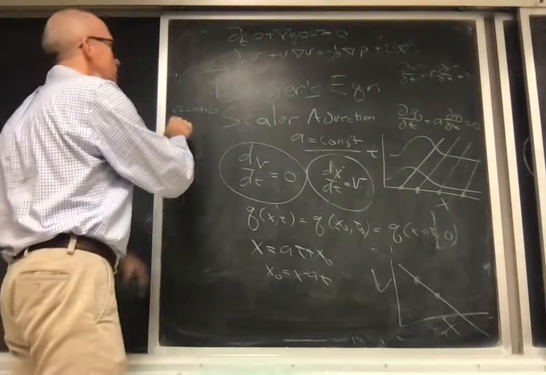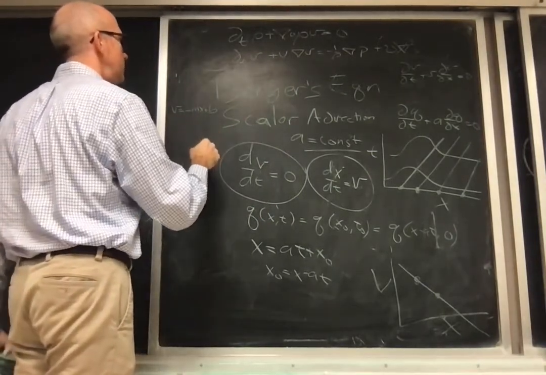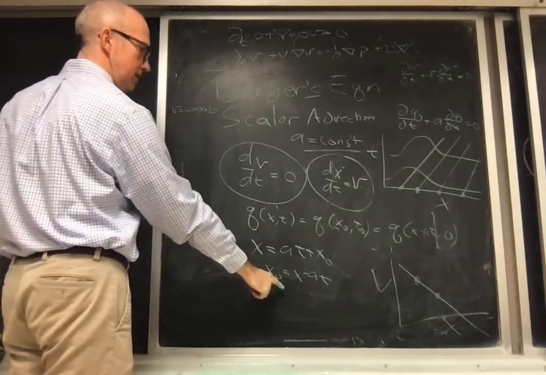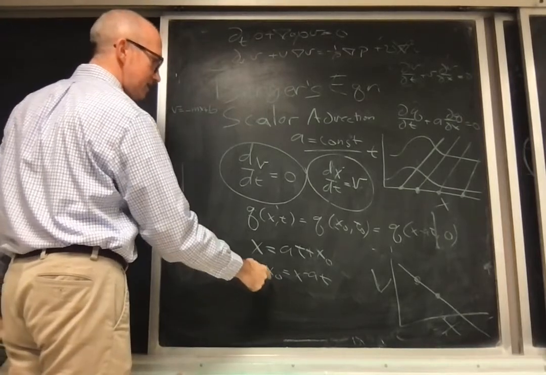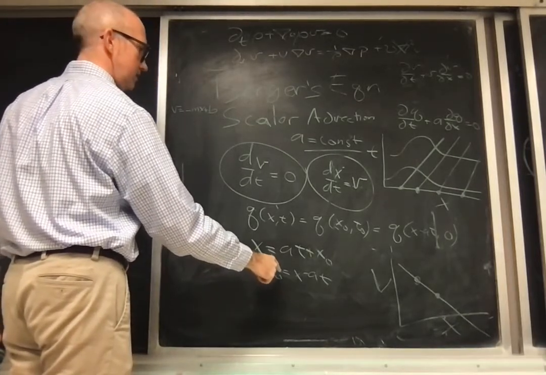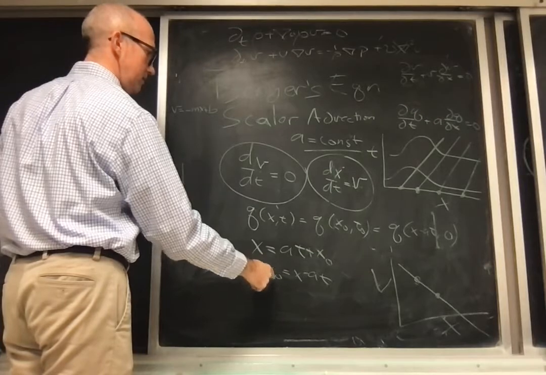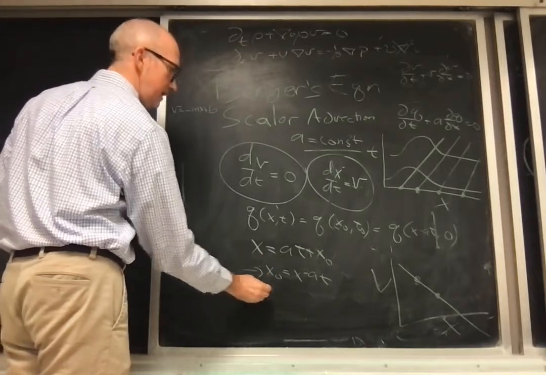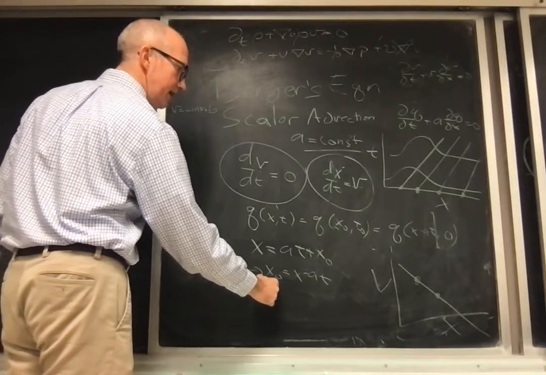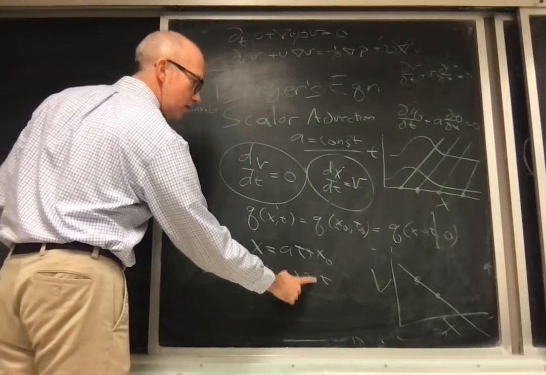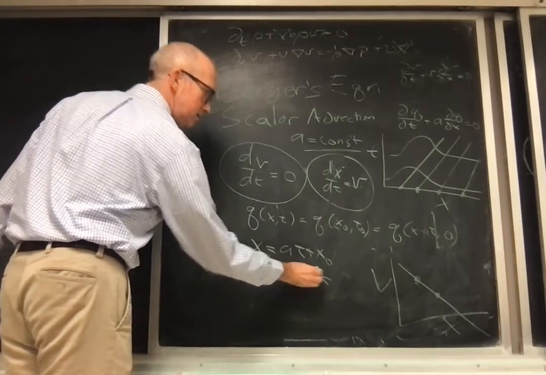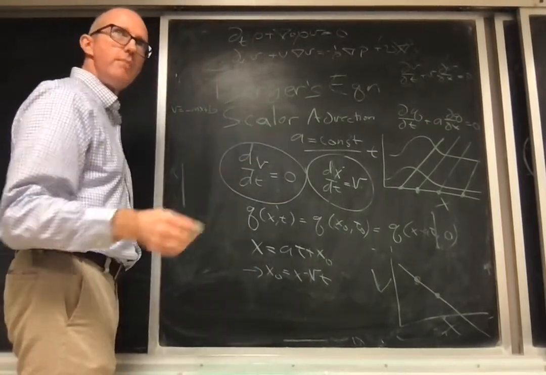So let's say v equals minus mx plus b, where x is x naught plus vt. I just did the same thing, but I just swapped a and v.